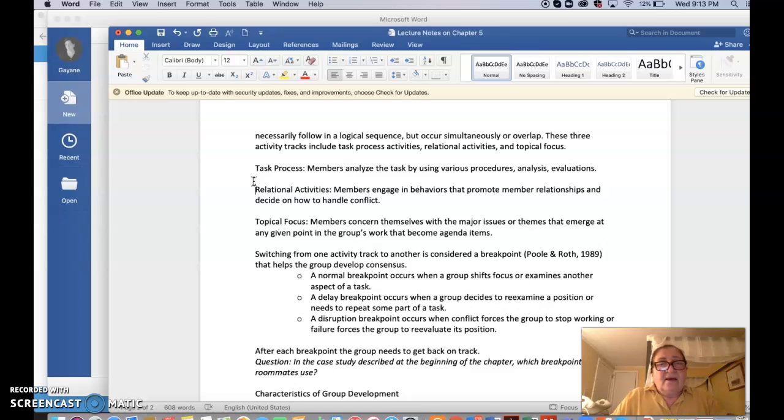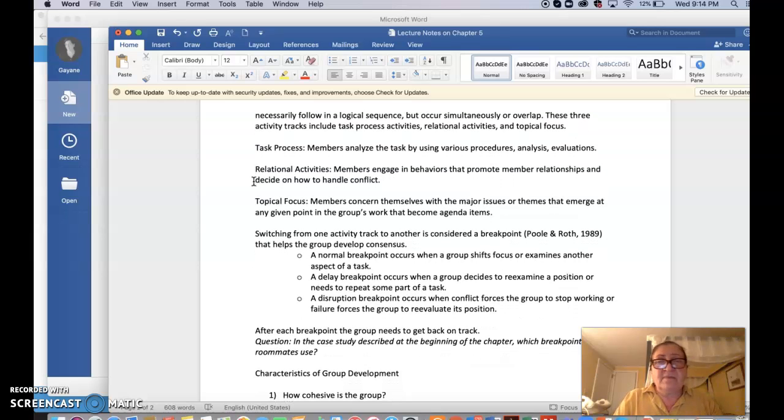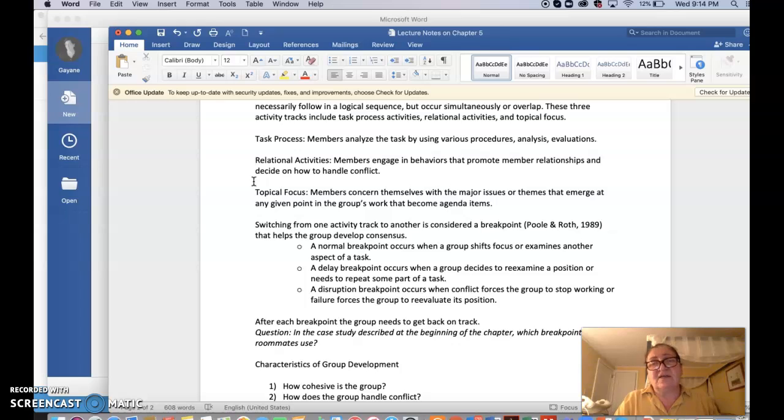So the third one is the topical focus, when members concern themselves with major issues or themes that come up during the process of reaching towards the goal. So these topics were not the task, but they're part of it.